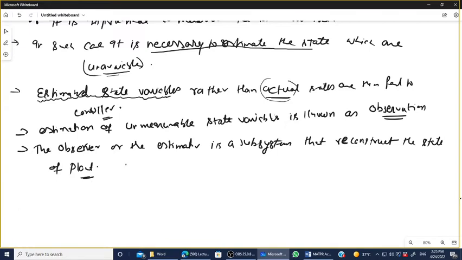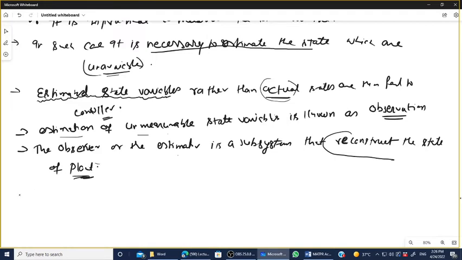It means those states which are not measurable, you are going to estimate, and that estimation of unmeasurable states is called observation. Simply, it is a subsystem that reconstructs the state of the plant, with the help of some concept.